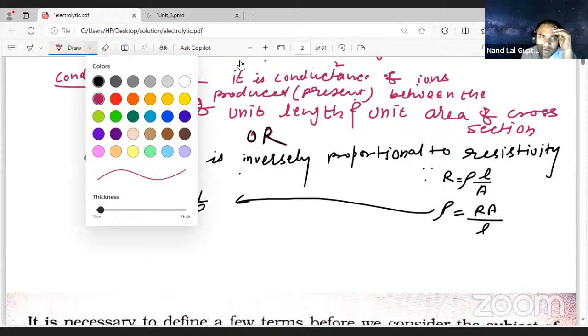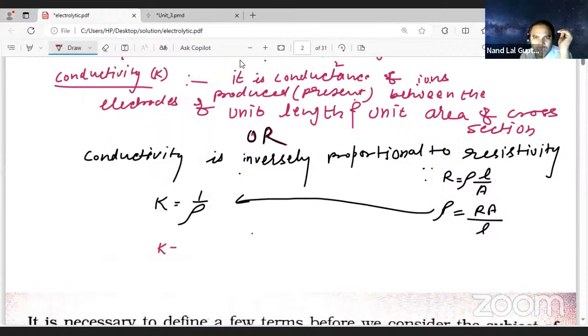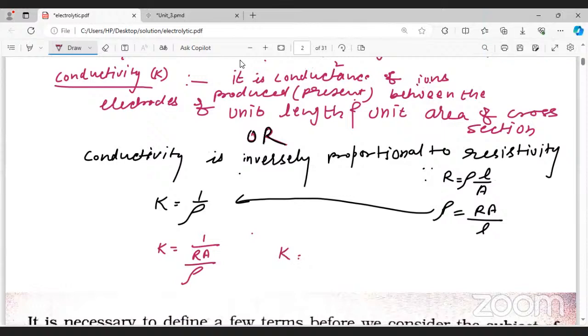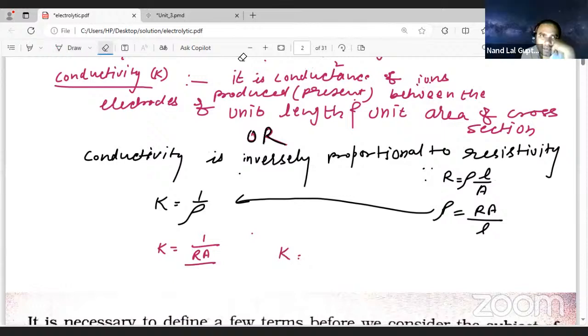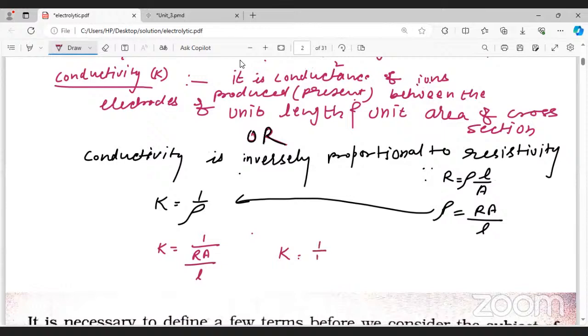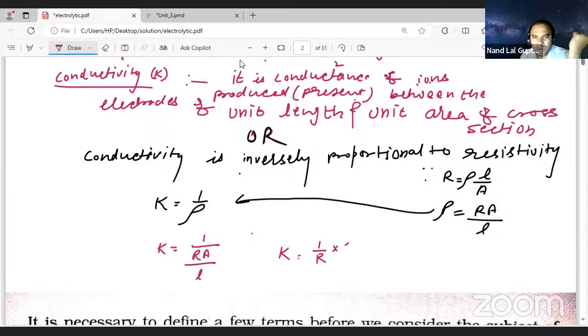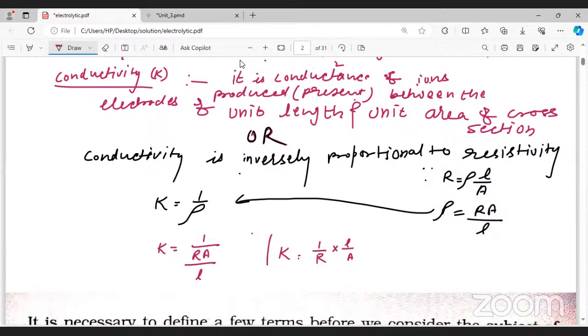So K is equal to 1 upon R A by L. Sorry, it will be L by R A. So K is equal to 1 upon R into L by A. Is it okay? Yes, sir.